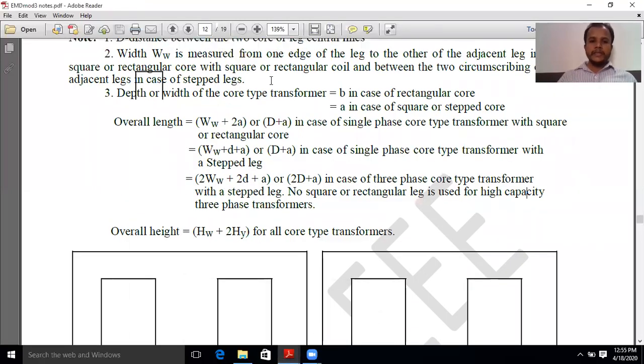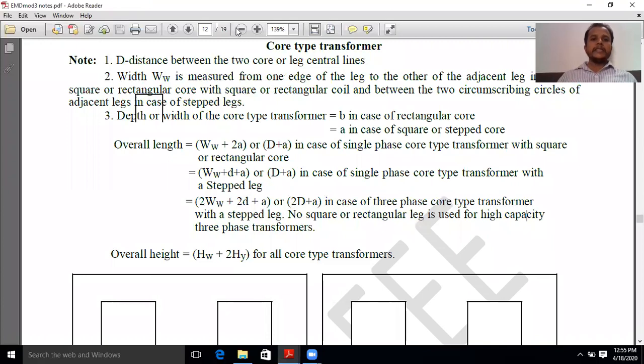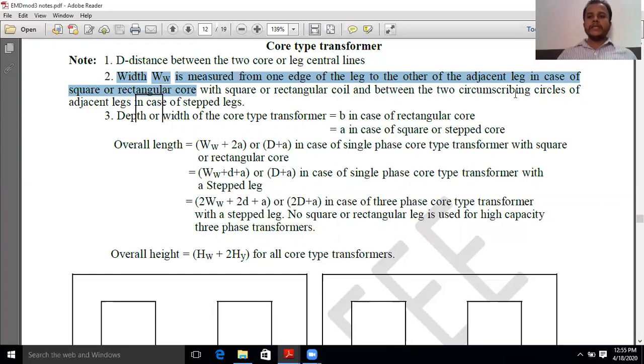Here you can see the continuation. As I told you, D is the distance between the two core or leg center lines. If there are two cores, this is the first core and this is the second core, the distance between the two cores is D. Then the Ww is measured from one edge of the leg to the other edge of the adjacent leg in case of square or rectangular.